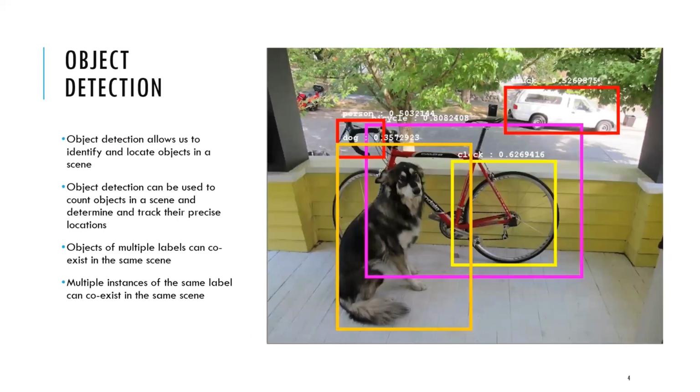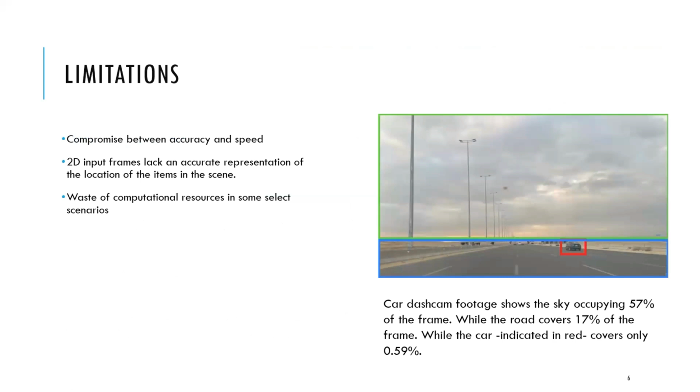What I mean by that is, if we look back at the photo of the dog, the bicycle, and the car, this was run on YOLO. Of course, YOLO was able to detect the objects in the scene and localize them correctly with a relatively high degree of accuracy, but it cannot really infer that the car is in the background and that the dog is in front of the bicycle, occluding part of the bicycle. So there's a bit of a missing understanding of where objects actually reside in the scene.